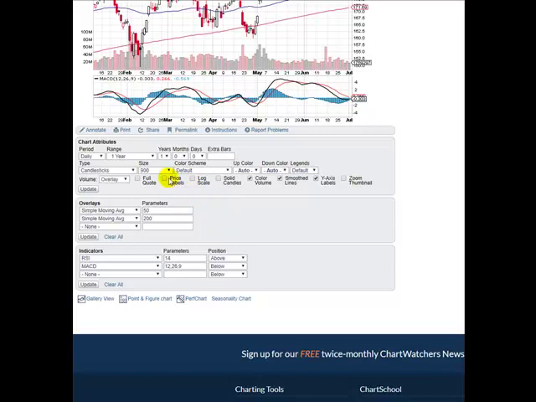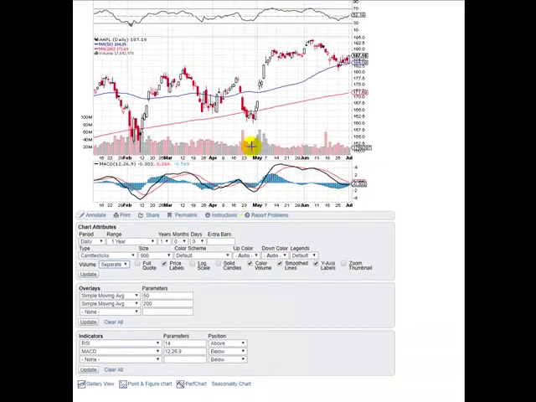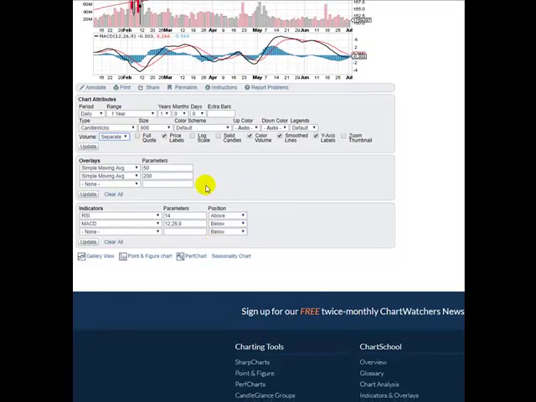So I uncheck log scale, I check price labels, and instead of volume overlay, I go separate. That way the volume doesn't bleed into the actual price chart. It separates it out and just makes it easier on the eye.